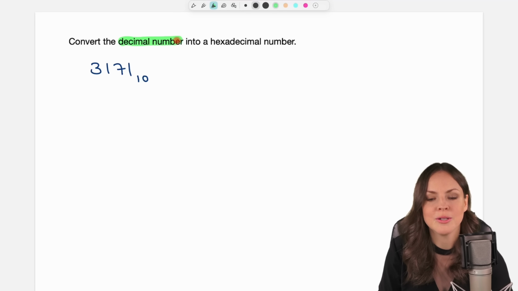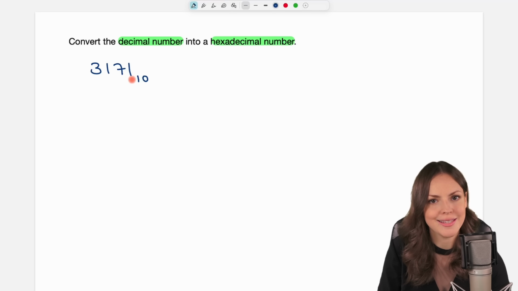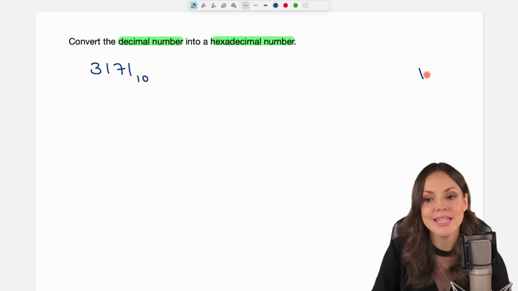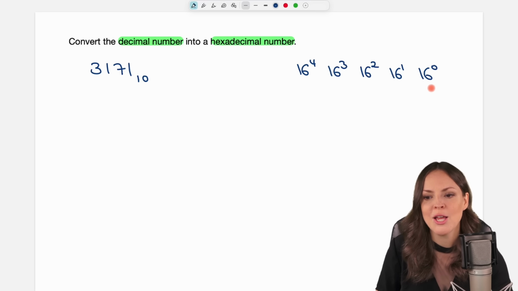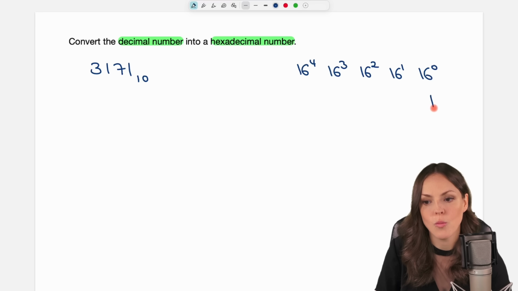Let's try it with our last example here. Convert the decimal number into a hexadecimal number. 3,171 is our decimal number, pretty large this time, but we start with 16 to the power of 0 again, and so on. But because our number is larger this time, we will probably need some more elements, so let's calculate them. 16 to the power of 0 is 1.